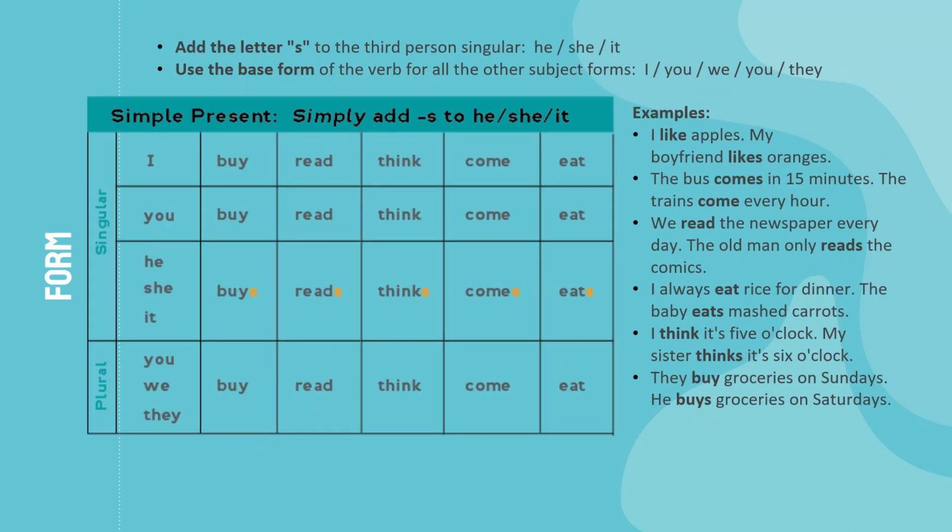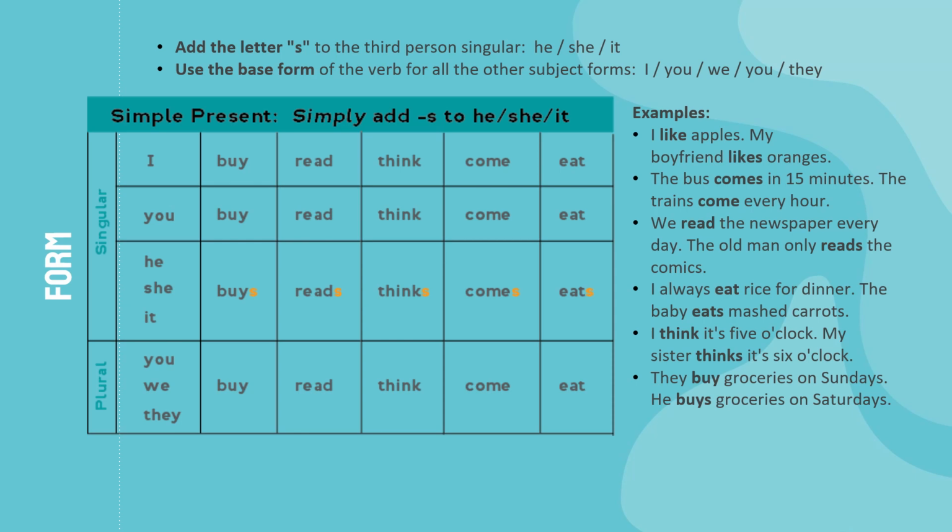Go on to the next form of simple present. Here you can see the table. Add the letter S to the third person singular. He, she, it. Use the base form of the verb for all the other subject forms.